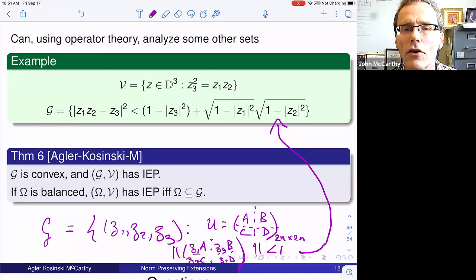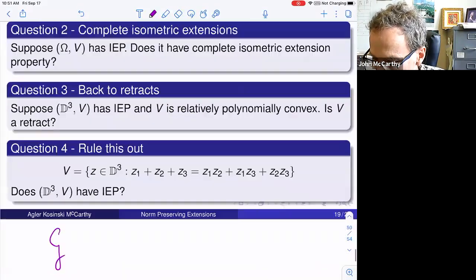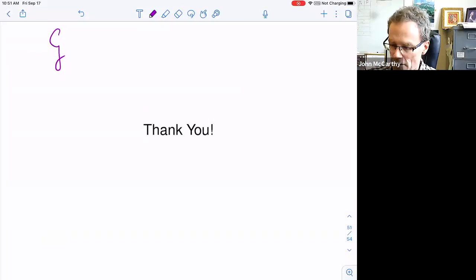Do we have a Pick theorem on H infinity of the two ball? Not a good one. You'd like to say that on H infinity of the ball, I give you a finite set. So the question is a Pick theorem on H infinity of the ball.